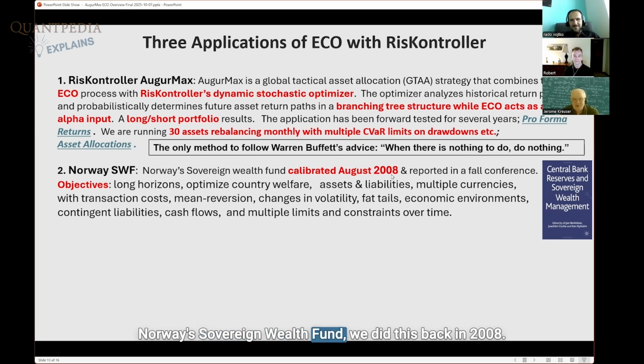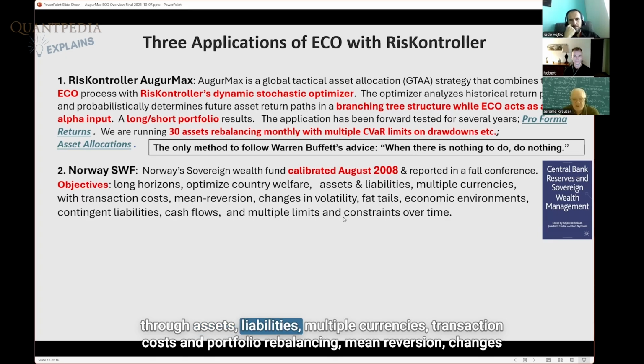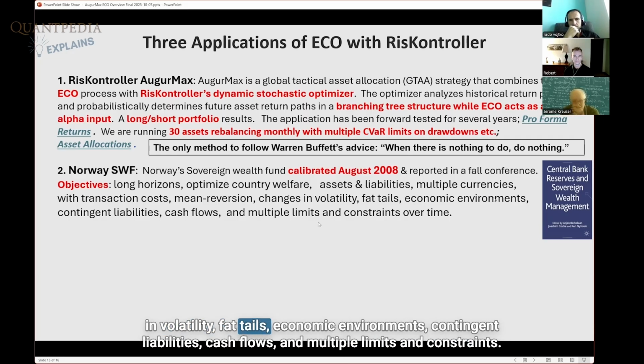Norway's sovereign wealth fund. We did this back in 2008. It was reported in a book published in 2009. The objectives were: a country model, longer horizons, looking at 20 years, optimizing country welfare, including assets, liabilities, multiple currencies, transaction costs and portfolio rebalancing, mean reversion, changes in volatility, fat tails, economic environments, contingent liabilities, cash flows, and multiple limits and constraints.